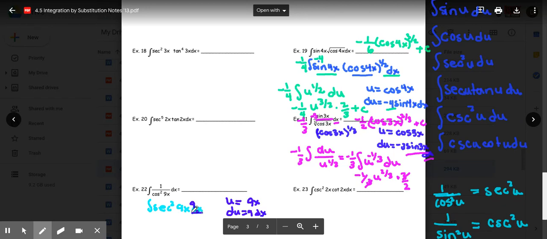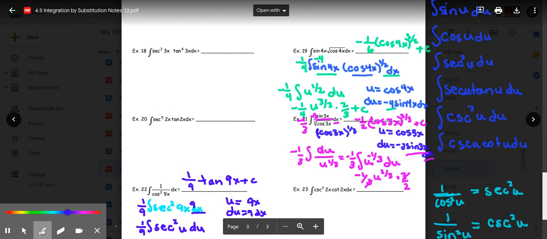Doesn't matter where you put it. So that's going to be my du. But I have to compensate and multiply by 1/9 on the outside. And now I'm turning this into the integral of secant squared u du. And secant squared integrates to tangent, because we know that formula. Integral secant squared is tangent u, which I'm going to plug back in right now, plus c.